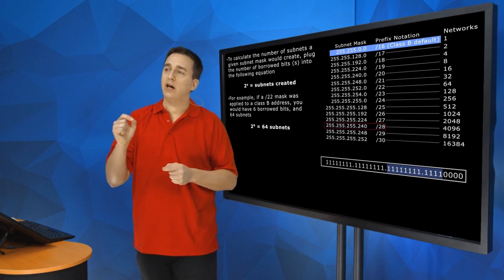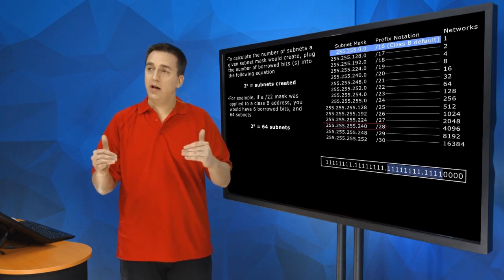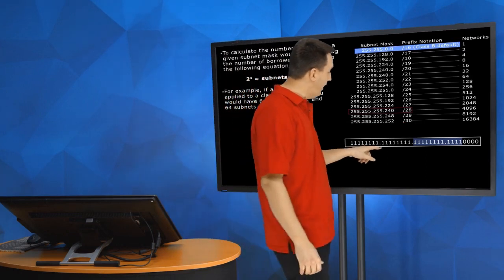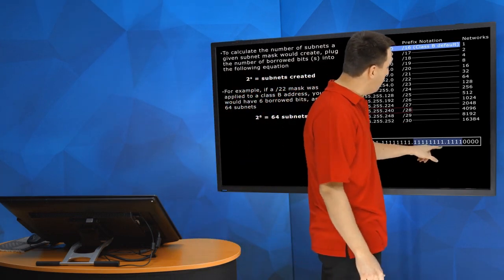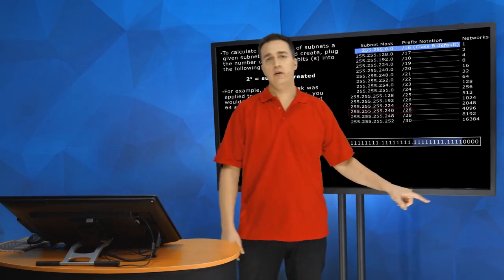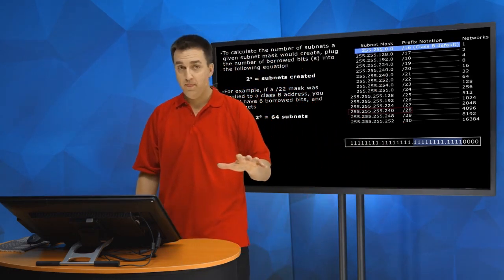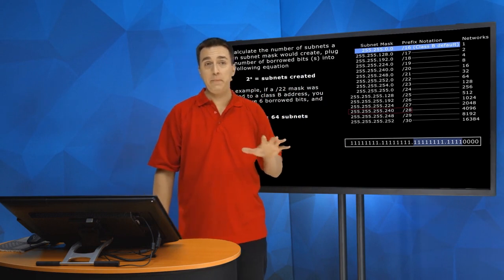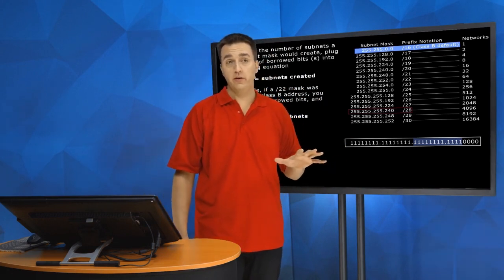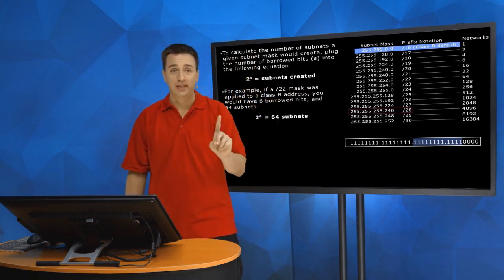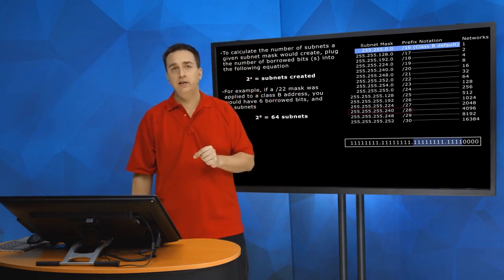Because if you started out as a /8 and now you are a /28, you would have had to borrow 8 bits plus another 8 bits plus another 4 for a grand total of 20 bits borrowed. So it'd be 2 to the power of 20 in that case for your subnets. That's a big difference, isn't it?